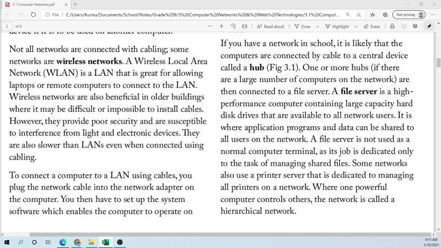So in the past, to create a network, persons would have used the hub, but today, because of the limitation of the hub, we make use of a newer device called a switch. The hub and the switch, if you were to look at them, would look exactly the same.